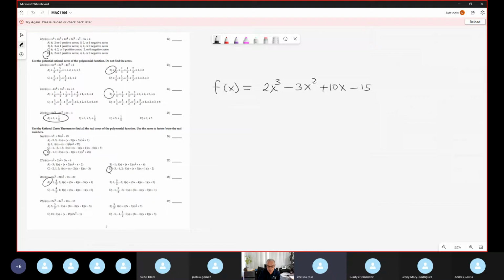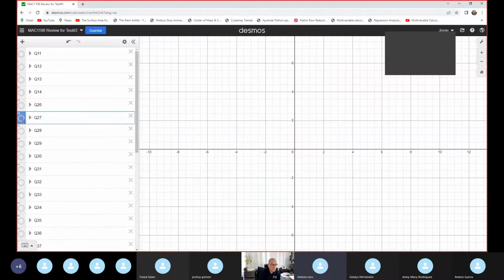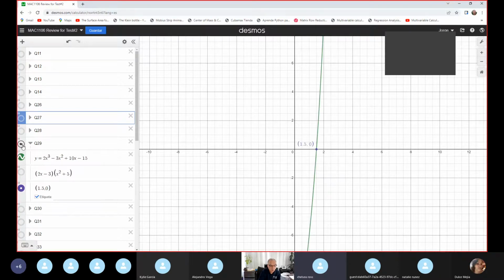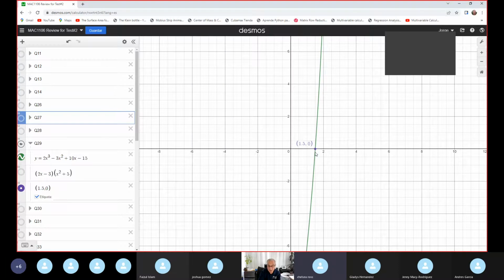Okay, share the screen. Decimals. I suppose you see decimals, yes or no? 29, is this? Oh, in 29, we have only one real zero, which is 1.5. 1.5 in decimal or 3/2 in fraction.